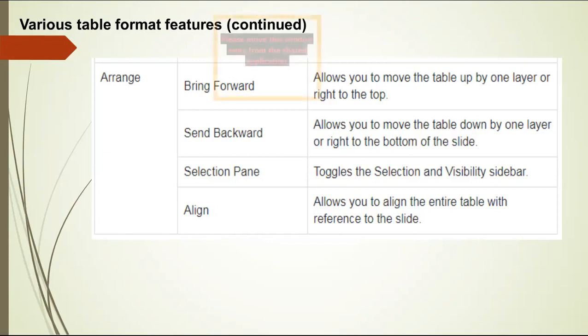Yung table mo nasa behind text o kaya nasa likod ng text by one layer. Okay? So selection pane naman ay selection and visibility sidebar. And align allows you to align the entire table with reference to the slide. So yun. Yun yung mga options o yung mga features, design, format ng table sa Microsoft PowerPoint.